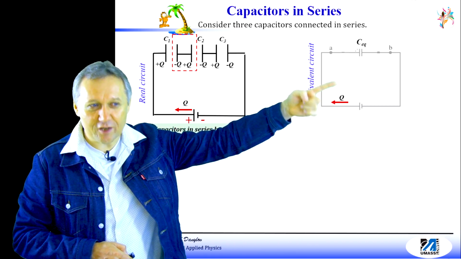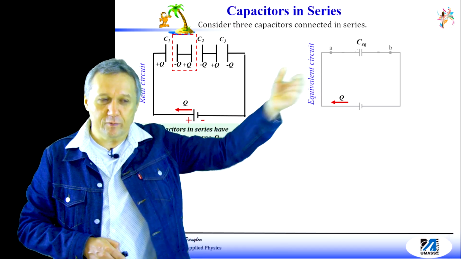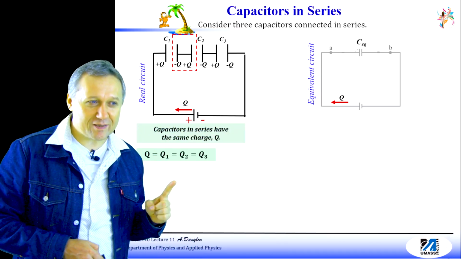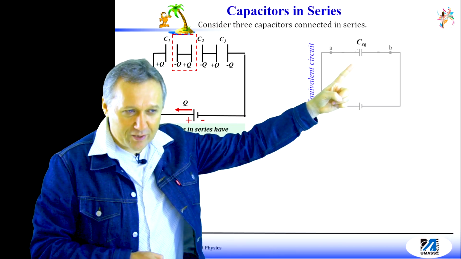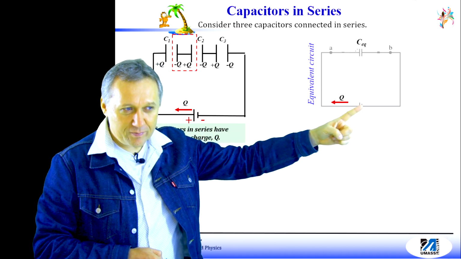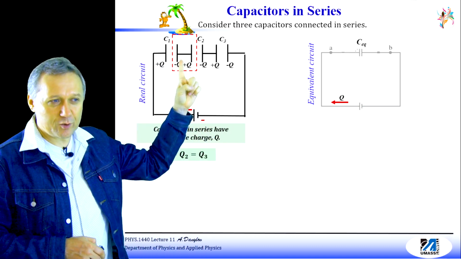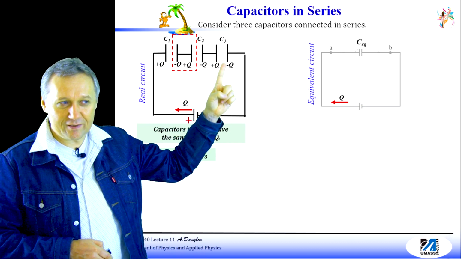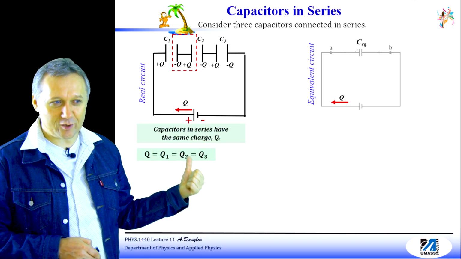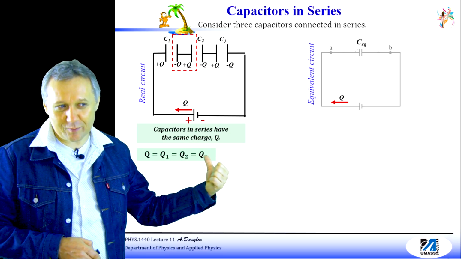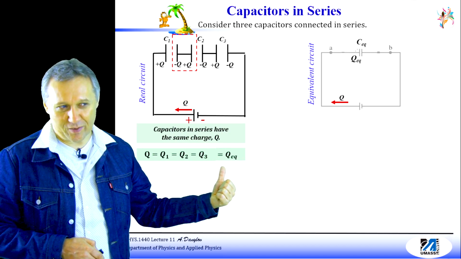Because we have only one capacitor, all this charge will end up in our equivalent capacitor. So it means that the charge in the equivalent capacitor equals this charge taken from the battery, and equals all these charges in these capacitors connected in series. So now I can add to this line of equal signs: it is also equal to the charge in the equivalent capacitor.